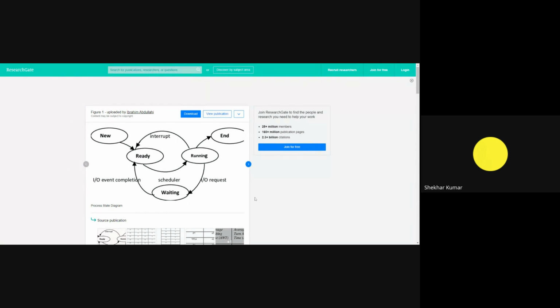This is how the process instruction is executed, how this instruction is executed from secondary memory to primary storage. Is it clear? I think now it is clear.